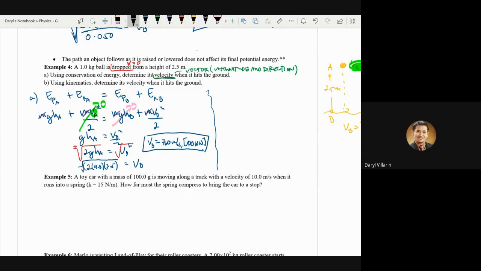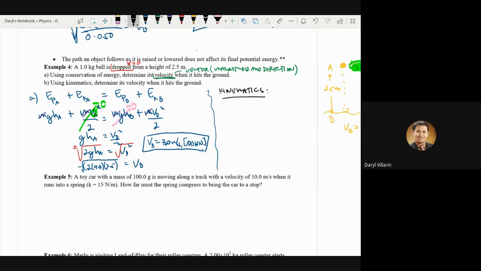Using kinematics to determine the velocity when it hits the ground. We know that for any falling object, its acceleration is constant, and that's equivalent to negative 9.8 meters per second squared.